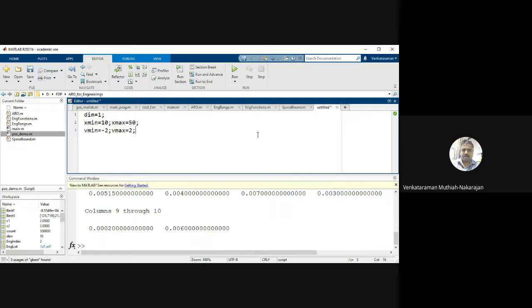You write the function, and let us say this is your function name: speed control. You have to create a separate subroutine by the name speed control, and write it as a function of frequency.